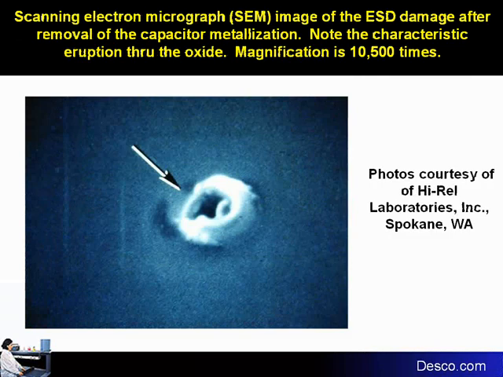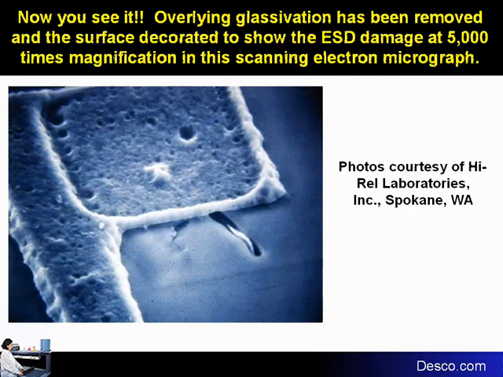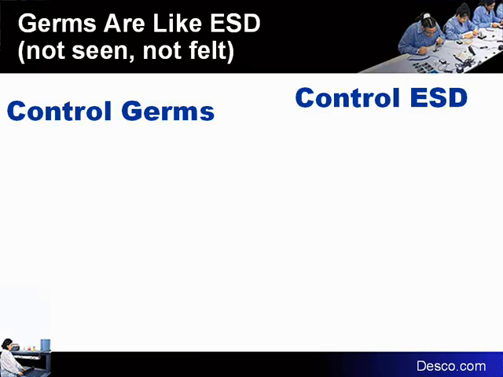This is an actual man who had a charge, and it was showing it going to the component. This is one of those little micro lightning bolts at 10,000 times magnification, which is one of those little micro strikes you get that does the damage to the metal component. This is a side fracture off a trace, again at a very high magnification at 5,000 times to see the damage that can be done.